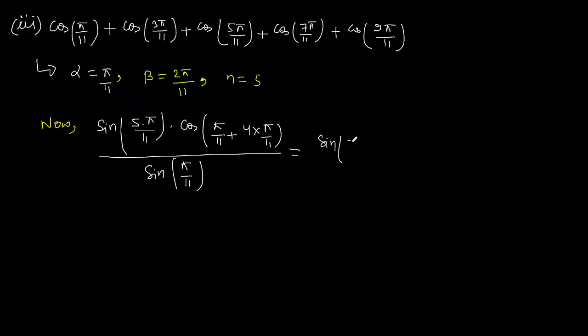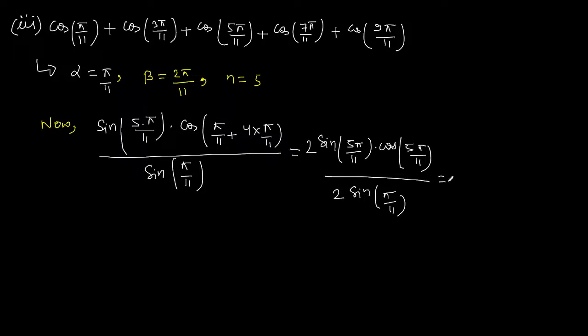So it is sine 5 pi by 11 dot cos 5 pi by 11, and at the bottom we have sine pi by 11. Multiplying and dividing by 2, we are getting sine 10 pi by 11 to sine pi by 11.